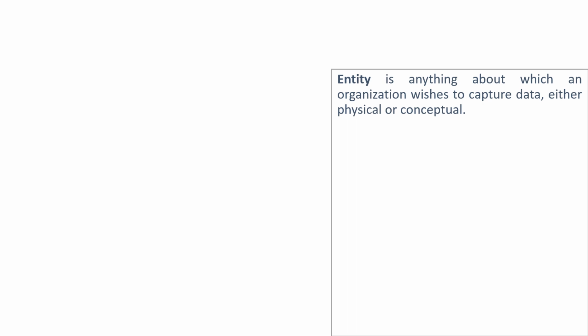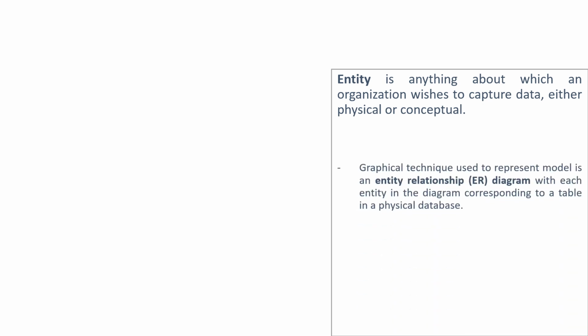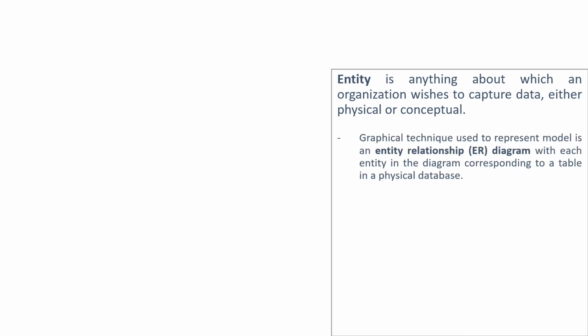So just to clarify, the entity is anything about which an organization wishes to capture data, either physical or conceptual. And we did explain last week the graphical technique used to represent models, the entity relationship ER diagram, with each entity in the diagram corresponding to a table in the physical database.